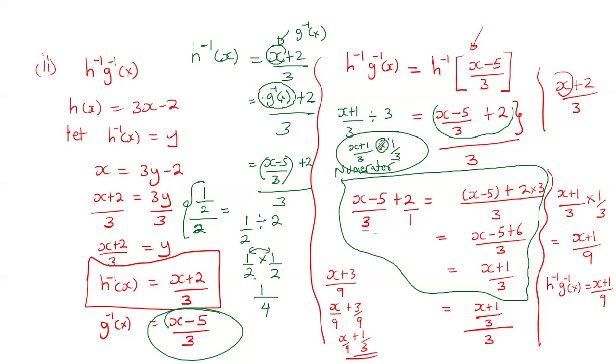So you cannot cross multiply. You can only cross multiply when you have a plus or negative, or you have an equal sign. But in case of multiplication, just multiply the numerators directly and then the denominators separately. Okay, thanks.